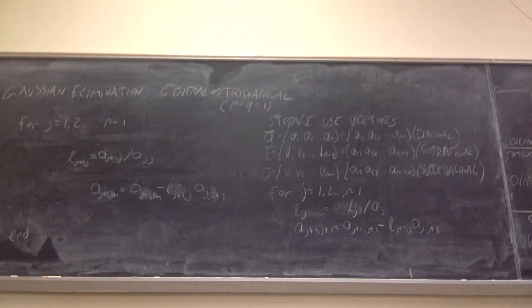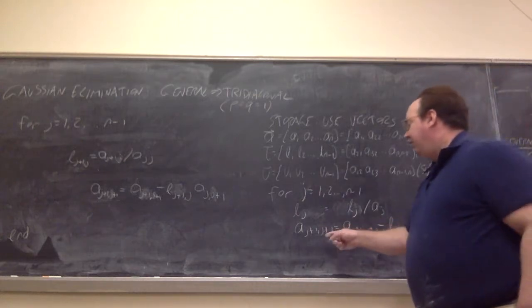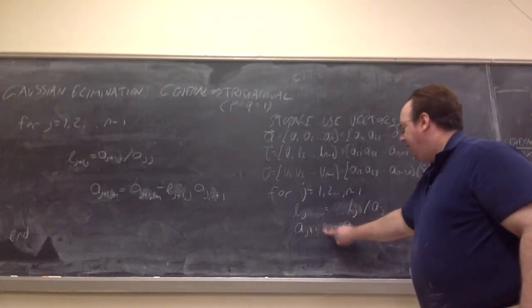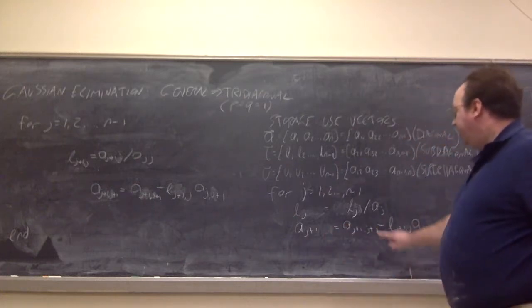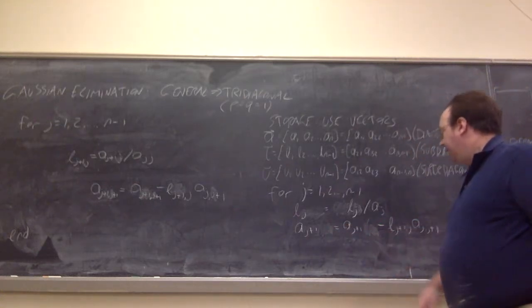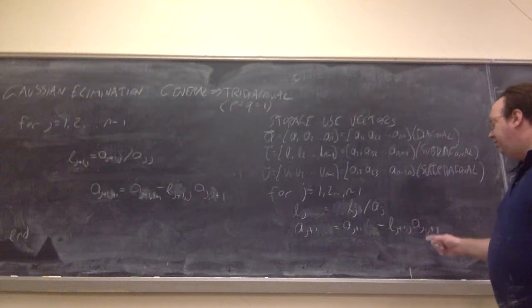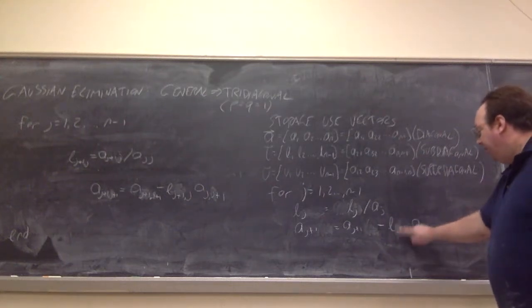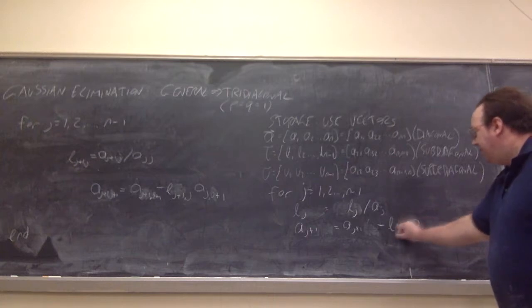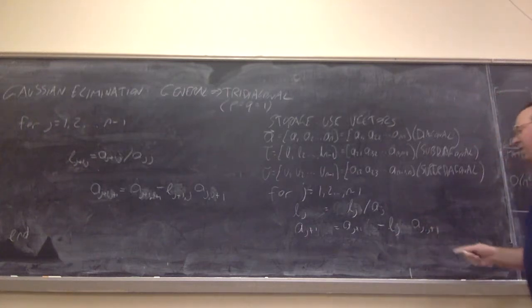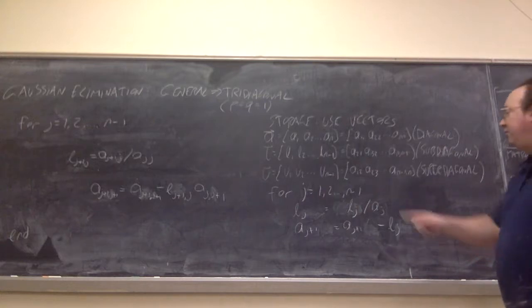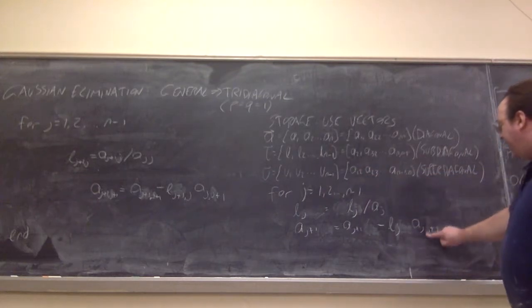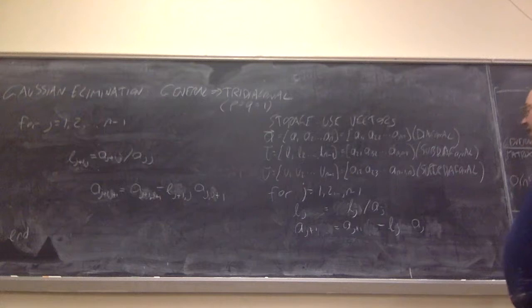And then for the main step, I'm updating a diagonal entry, we just erase an index, so it's A_{j+1} equal to itself, minus L_{j+1,j}, that's the jth multiplier, so that would just be L_j. And then A_{j,j+1}, that is a super diagonal entry, and for that I use the row index, so that's just A_j.